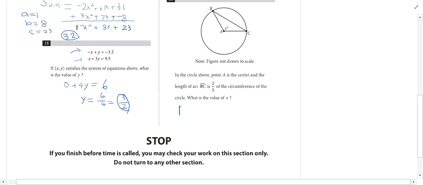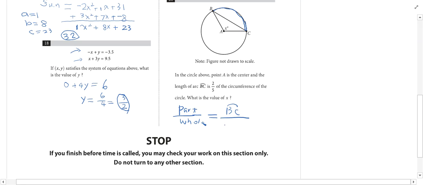This is the part, over the whole. The BC arc, which is from here to here, over the whole. The whole is the circumference of the circle.